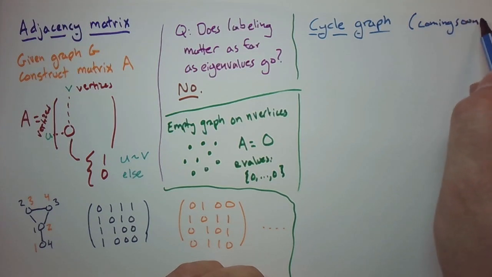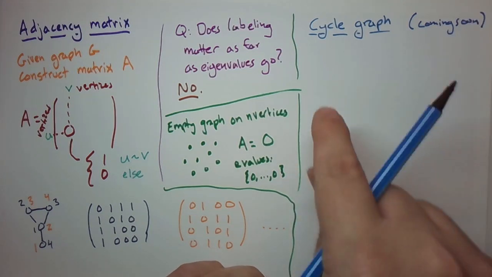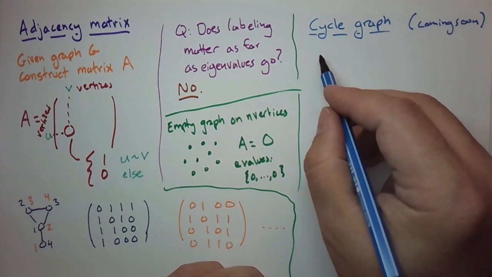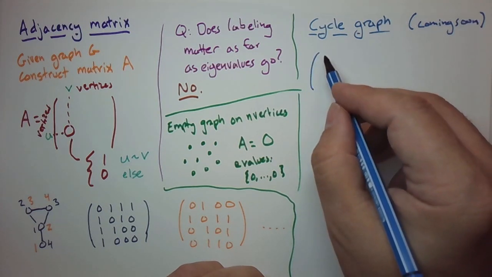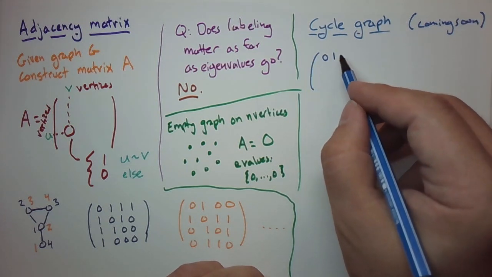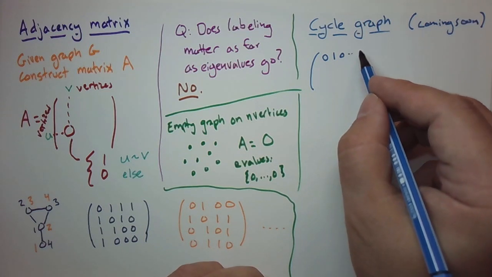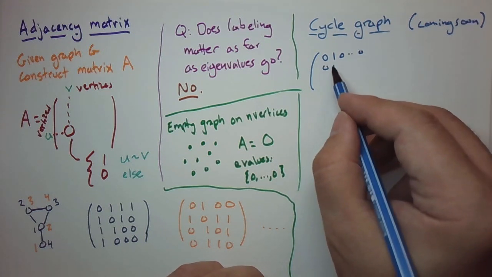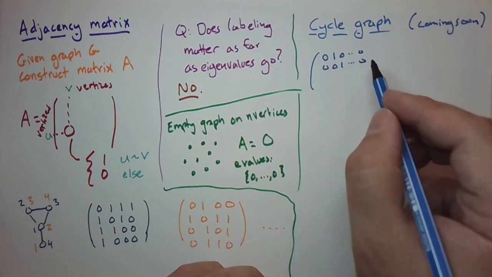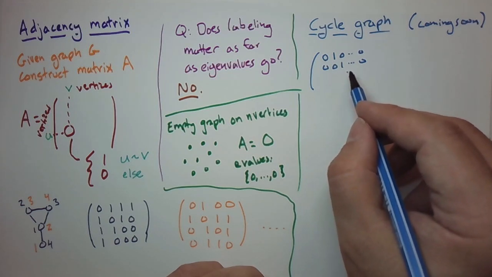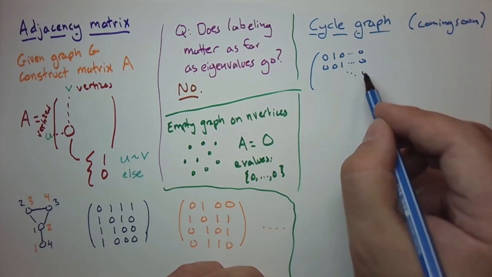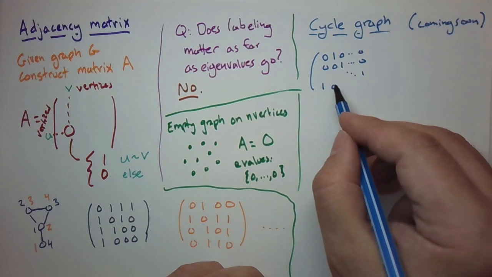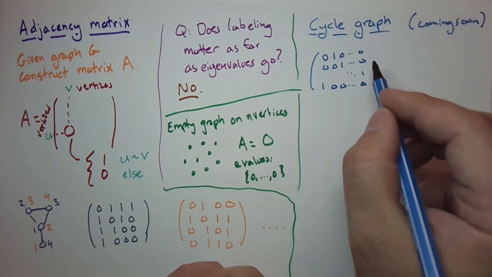I don't think we'll be able to fit it on this page. So the first matrix I want to talk about is the following matrix. I'll start writing it down. And so it looks like the following.